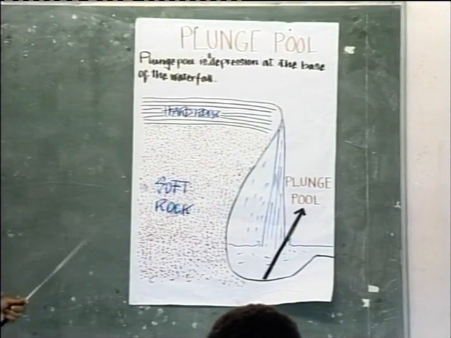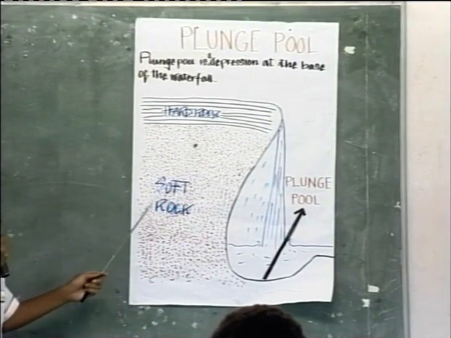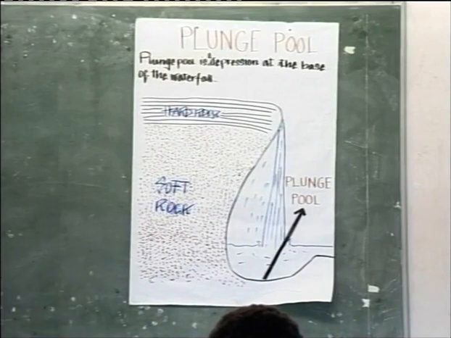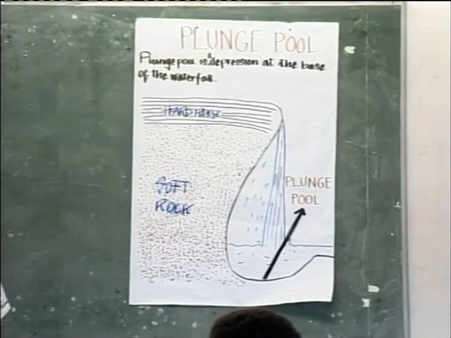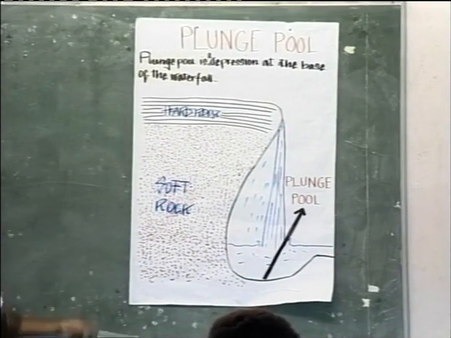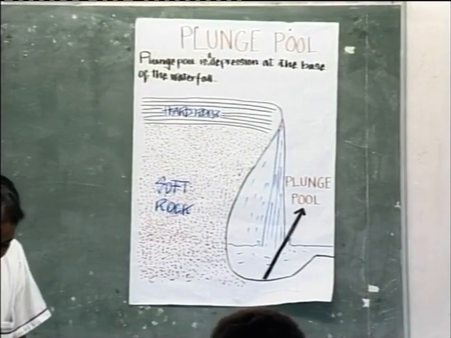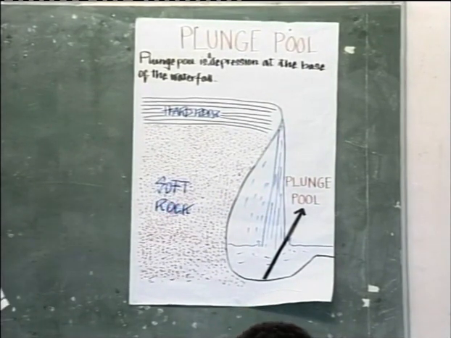As you all know, waterfalls are formed by hard rocks horizontal or dipping upstream, so it can be either one of them, but it doesn't have to be horizontal. In some waterfalls, the hard rock dips upstream. Did that answer your question, Francis? Okay, thank you.